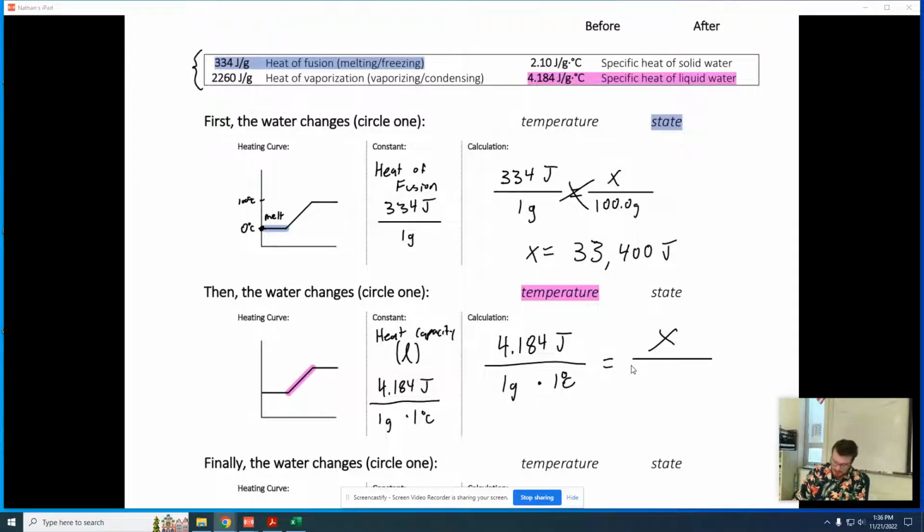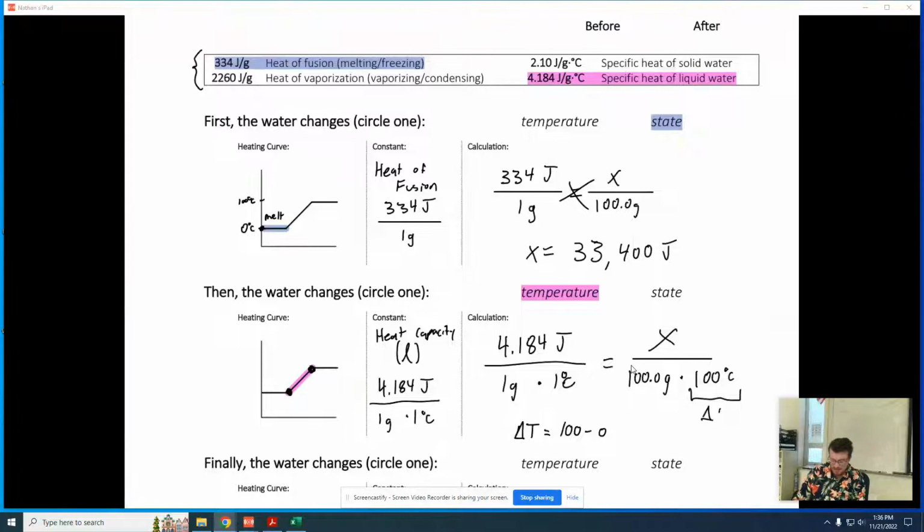What we do know is that we have 100.0 grams of water, and I'm going to change the temperature from 0 up to 100. So the change in temperature is always our final temperature minus the initial temperature, which is going to get me 100 degrees Celsius.